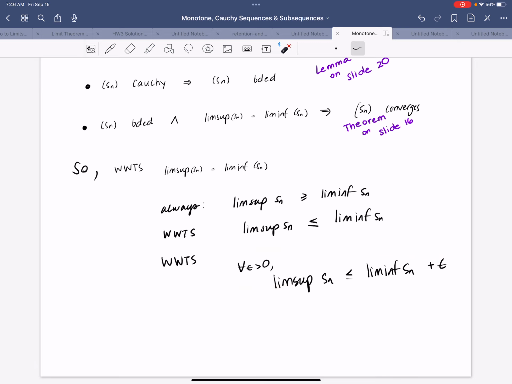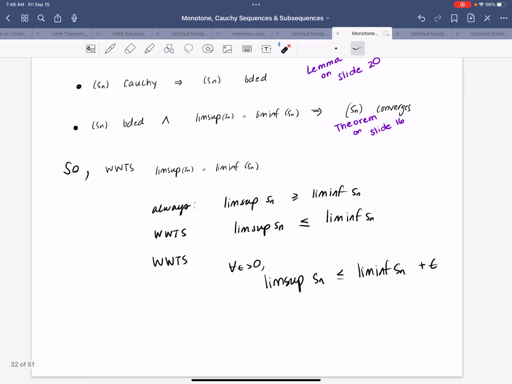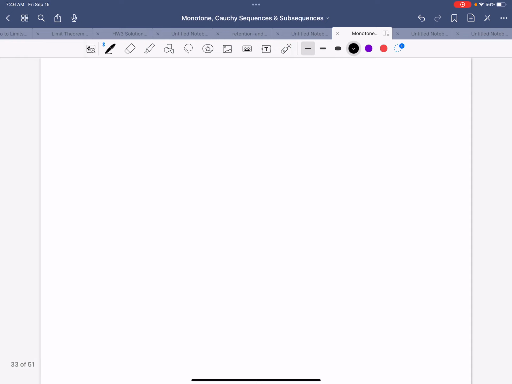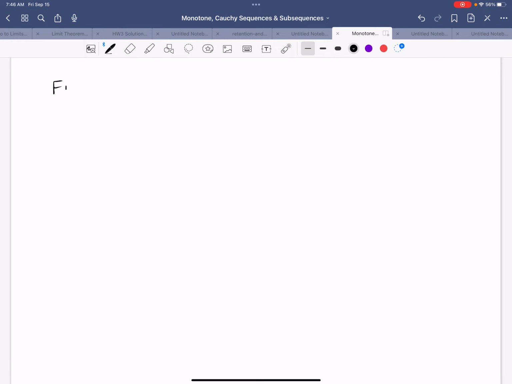Here's what we're going to do. We're going to say fix epsilon greater than 0. Okay, so our goal, just to remind us, is that lim sup of Sn is less than or equal to lim inf of Sn plus epsilon.